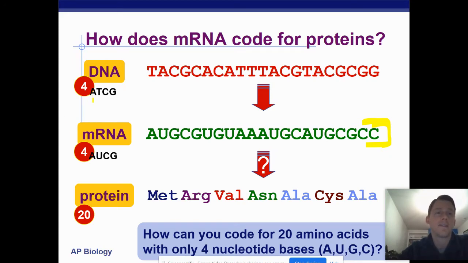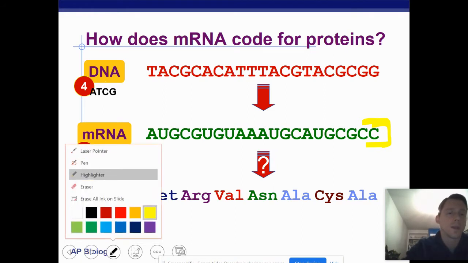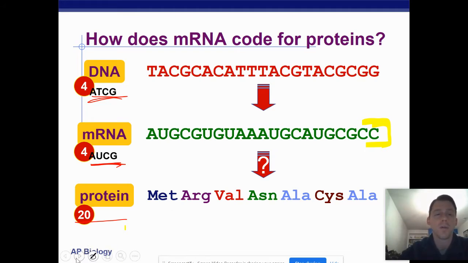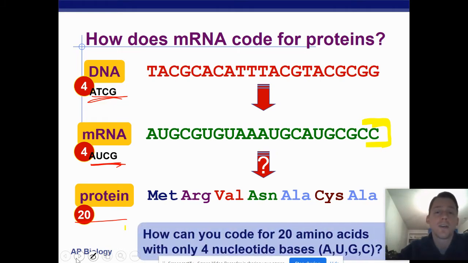DNA has 4 bases, A and T and C and G. mRNA also has 4 bases, A and U and C and G, but proteins have 20 different amino acids. So how do we go from a language that is just 4 bases long to a language made up of 20 different amino acids?